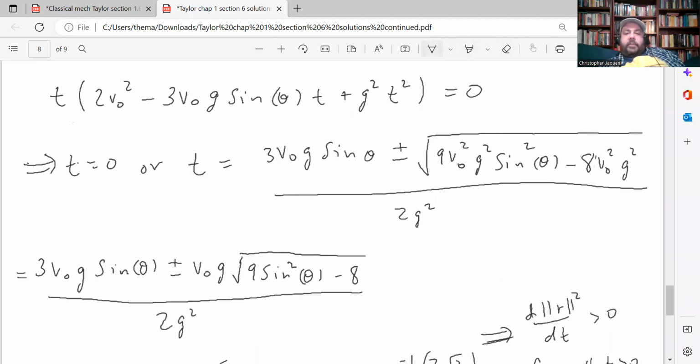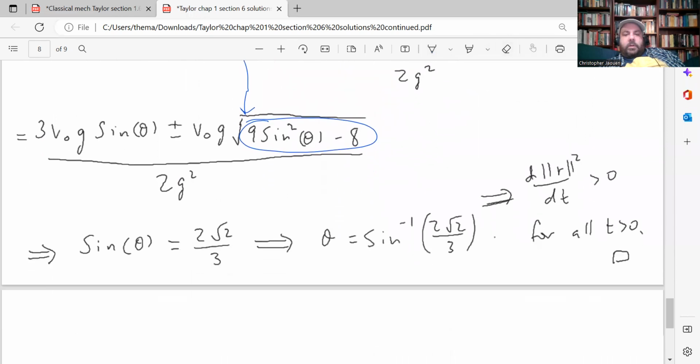And I can figure out when that happens by, actually what I did was I simplified first. Going from here to here, I just factored out the perfect squares. You get this thing underneath the radical. Finding out when that thing is equal to 0 gives me sine theta is 2 root 2 over 3.